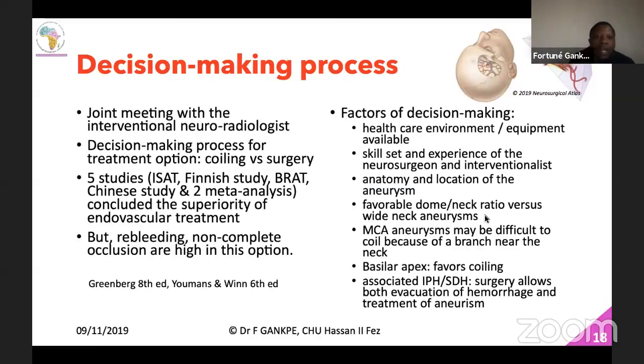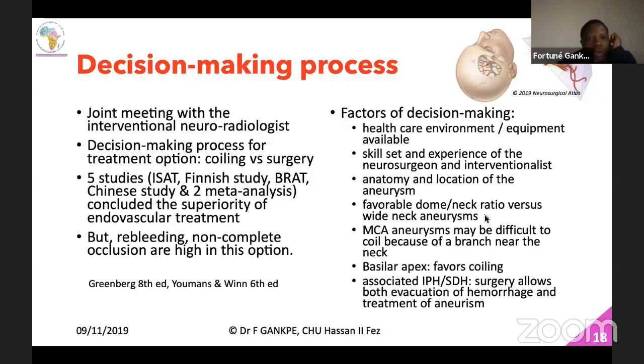After that, what's the decision-making process? When we make the diagnosis of subarachnoid hemorrhage, depending on the clinical presentation and also the presence of blood on CT scan and CT angiogram, the following day we organize a joint meeting with the interventional neuroradiologist for the decision-making process for treatment option, coiling or surgery.